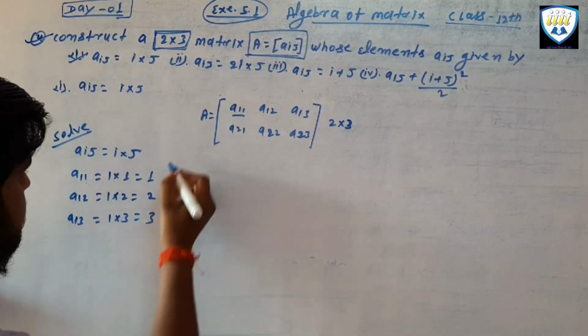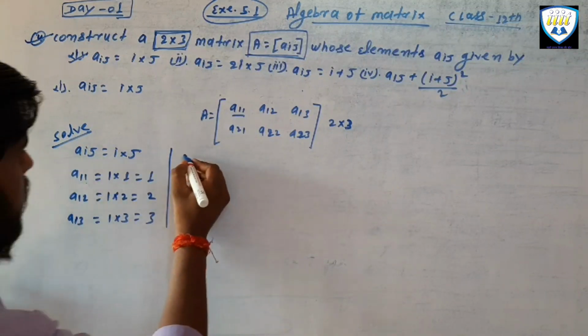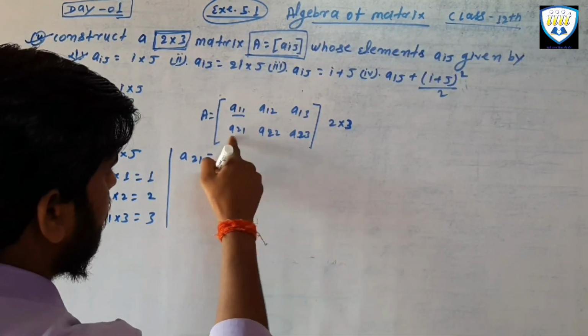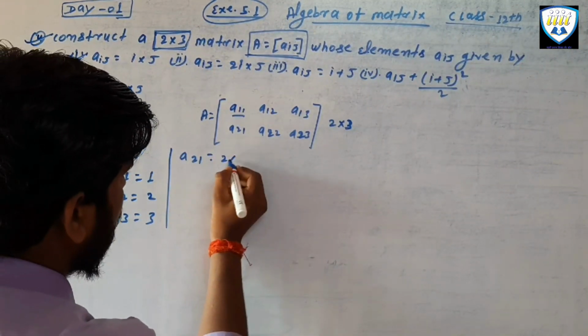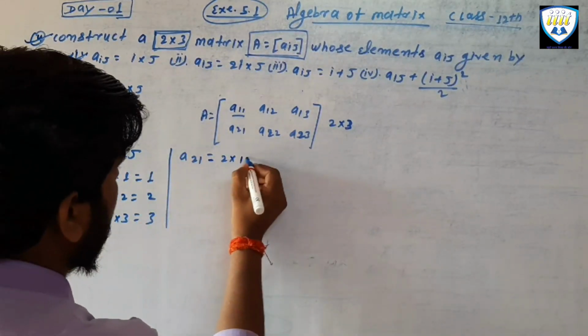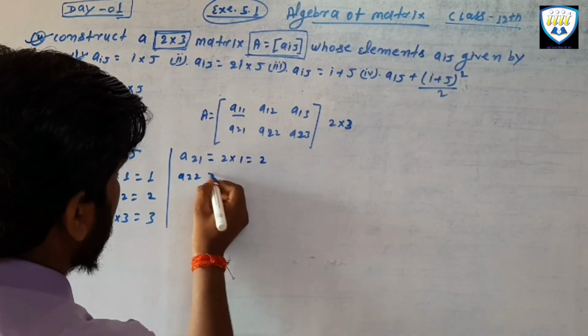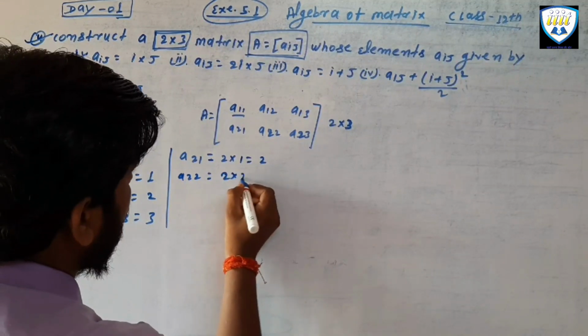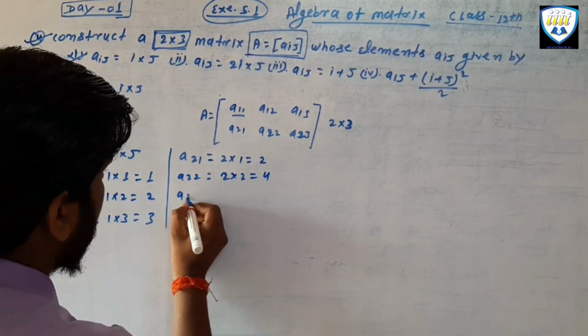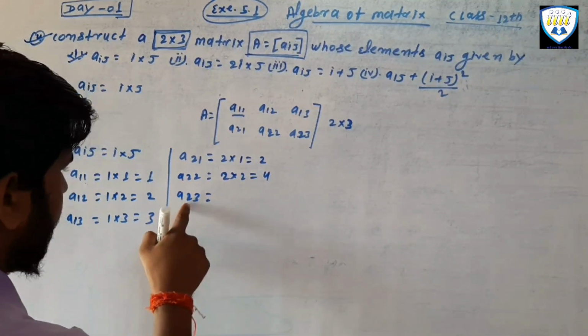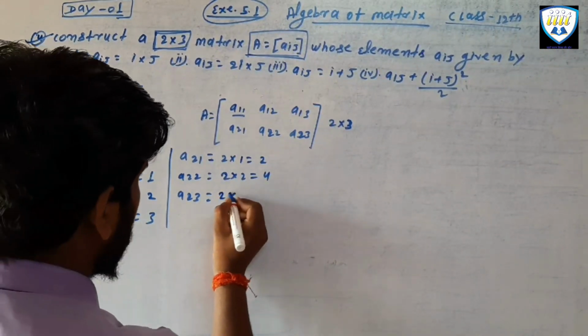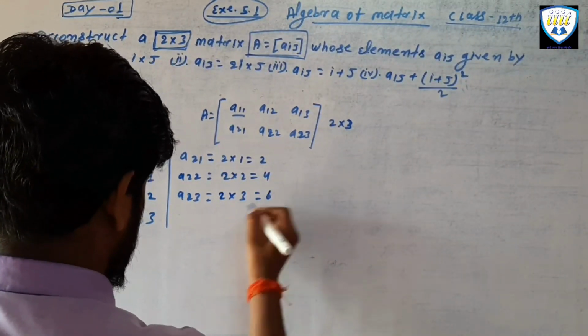Similarly A21 equals 2 into 1, which is 2. A22 equals 2 into 2, which is 4. A23 equals 2 into 3, which is 6.